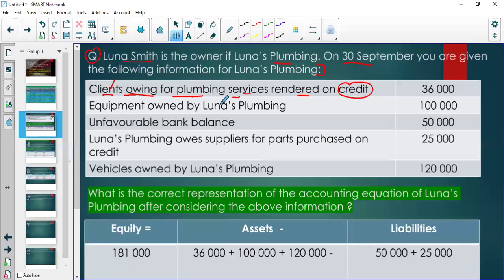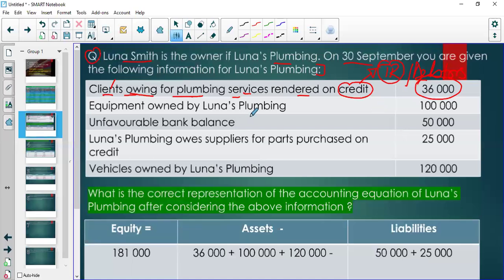We rendered a service or we delivered goods, whatever the case is. The point is the customers have not yet paid. And as a result, they owe us 36,000. This 36,000 in the general ledger, in accounting terms, is called trade receivables, right? Or debtors, or accounts receivable. Or if you're doing law, they will call it clients control, right?